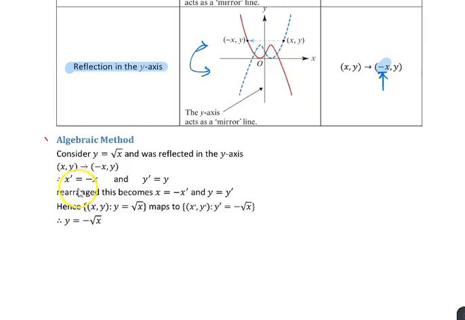Again, we can create a new equation, so x new is equal to negative x, and y new is equal to y. Just like previously, we now rearrange this to get what x equals. So x is equal to negative x new, and y is equal to y new.